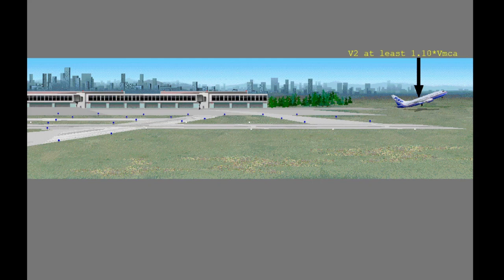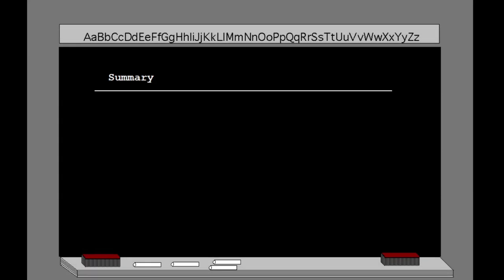V2 is also required to be at least 10% greater than the minimum control speed in the air. The takeoff speeds found in the QRH, FMC, and takeoff analysis are developed to meet all these requirements.